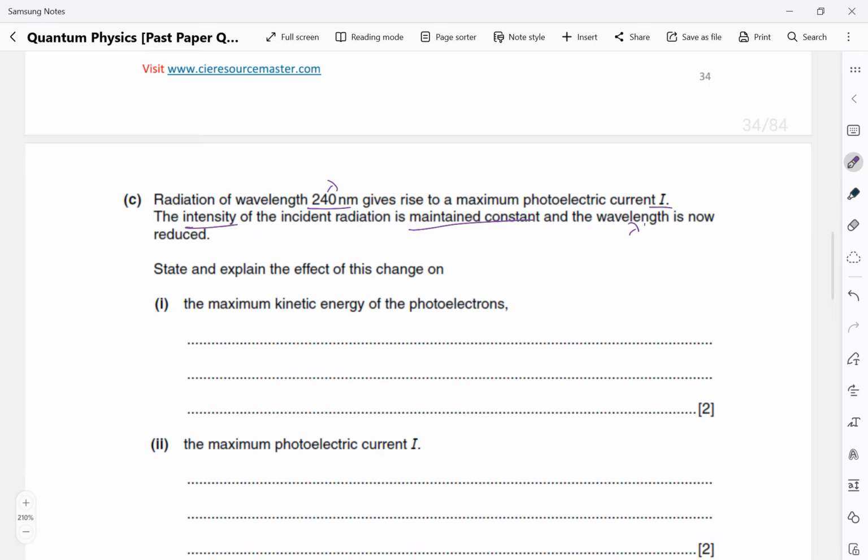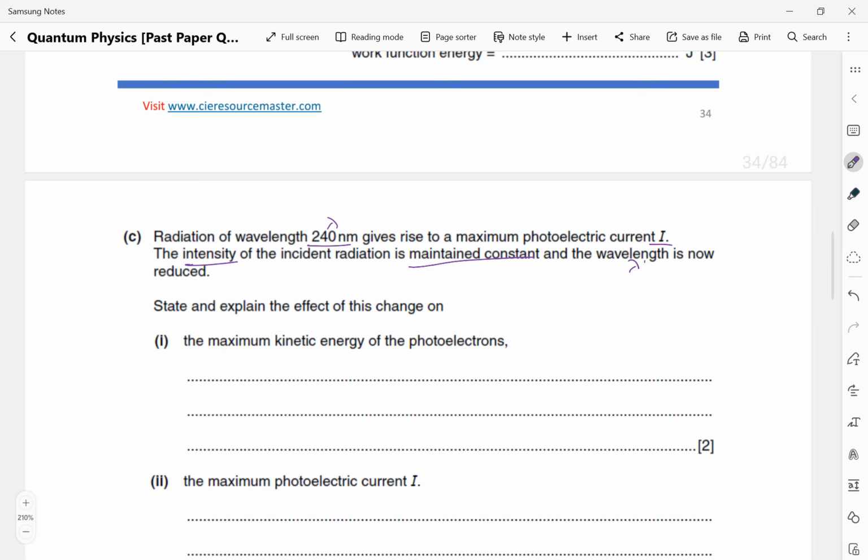Because the intensity is maintained constant, and the wavelength is now reduced, we know from Einstein's equation that the energy of a photon, hc over lambda, is equal to phi plus E max, which means the maximum kinetic energy is equal to hc over lambda minus phi.